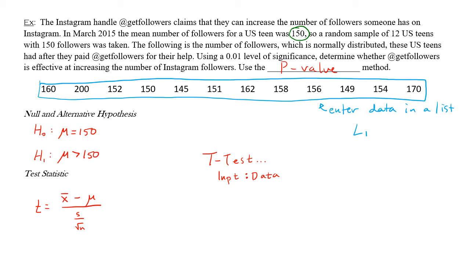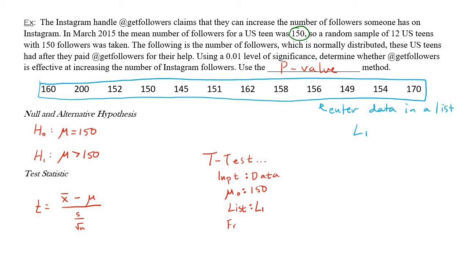Okay, and now it asks for mu0, the very first thing, which we're saying is 150. The list, well, after I've entered all this data into L1, so make sure you do that first. What I'll do is then reference whatever list I enter that data in. So in this case, I'll enter all my data into L1.